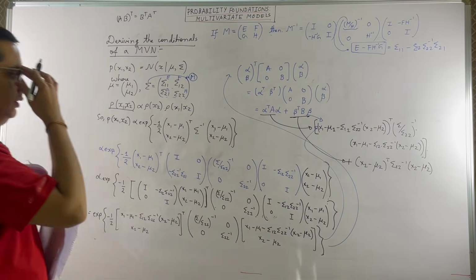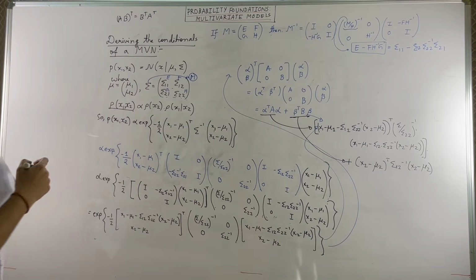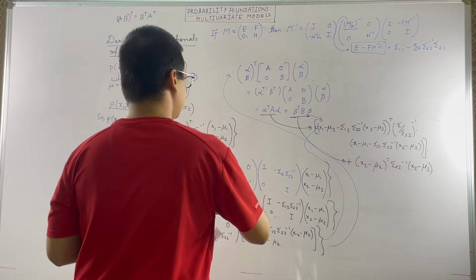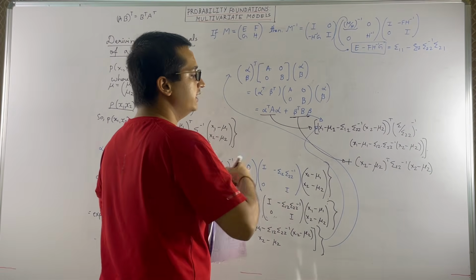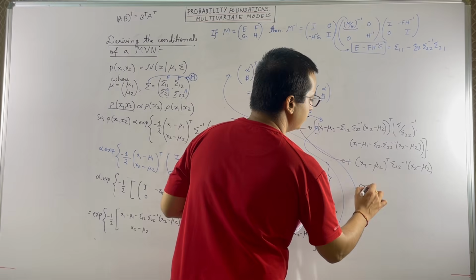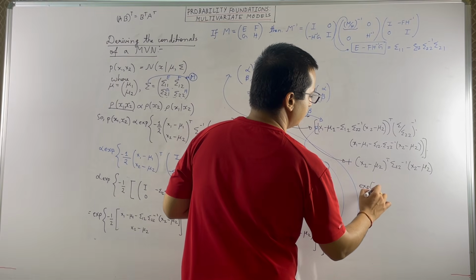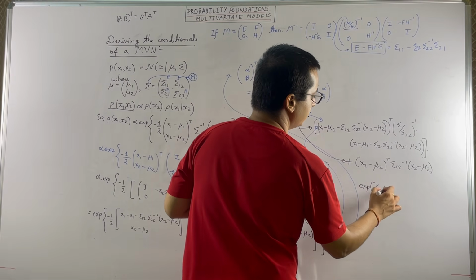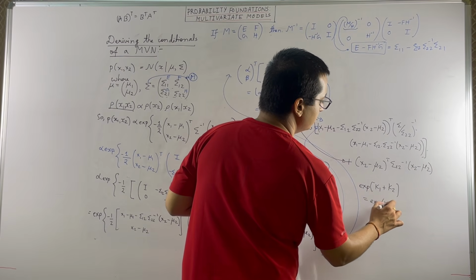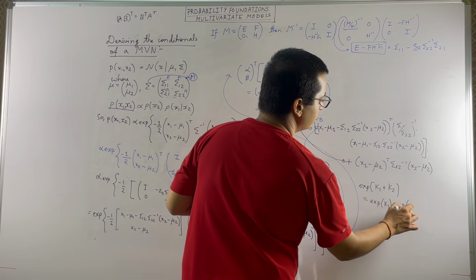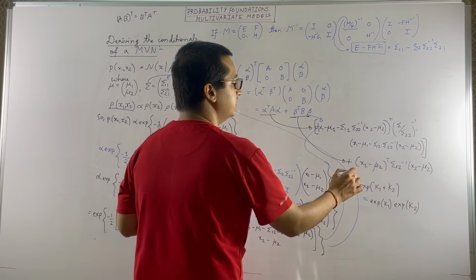So this thing is clear. So we have the exponential of this plus this in the power. So we have exp of, let's say, some k1 plus k2. So what does that become? Exp of k1 into exp of k2. See, this is very obvious.